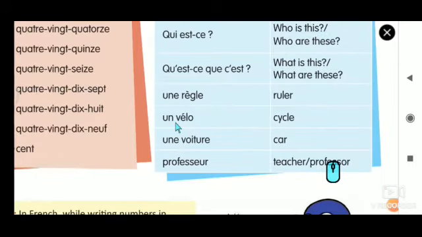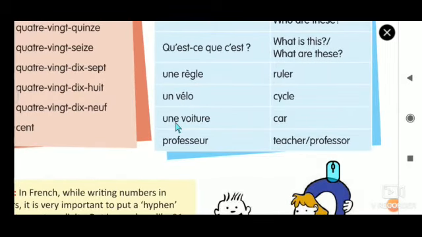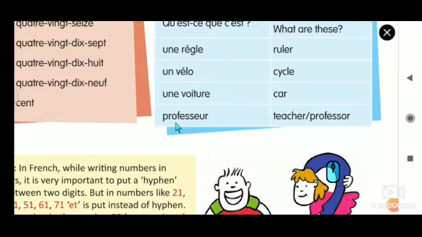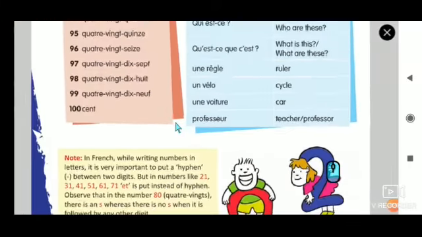Un vélo, cycle. Une voiture, car. Professor, teacher or professor.